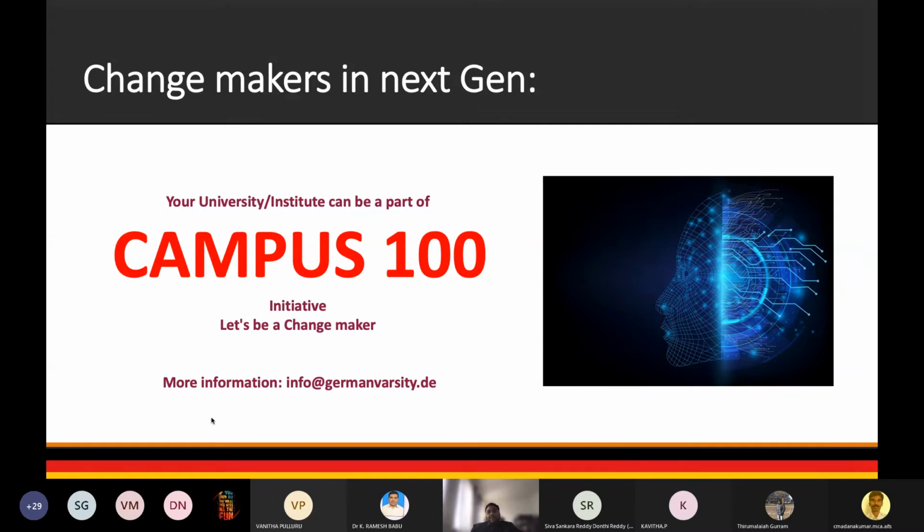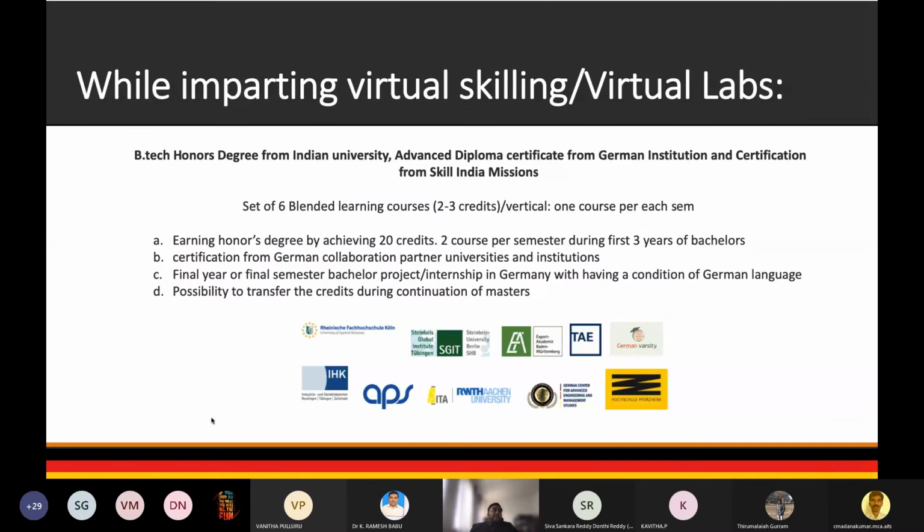We are very happy to invite you as well. These are some of our practices, creating blended learning activities, where multiple German institutions come forward to give 2 to 3 credit programs to our engineering students, who can have the experience of German technology and German language virtually.